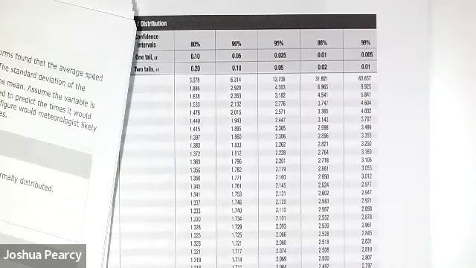How many decimal places does it say to round? Round intermediate and final to 2. So it'd be 14.70 is the lower one, and the upper one is 21.30.